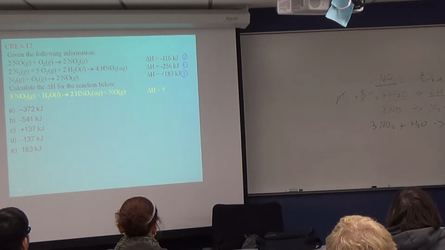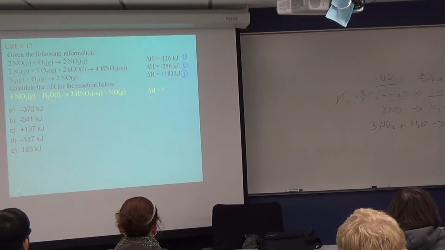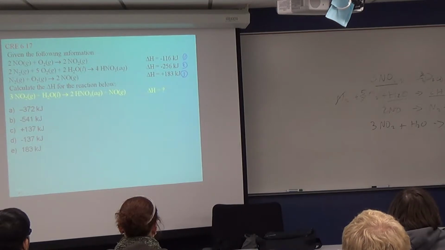Because you reverse the first equation, that becomes a positive, and then you multiply it by 3 halves. The second one, you just divide by 2, and for the third one, you just change the sign. And when you add all 3 of these together, you should get the final equation.